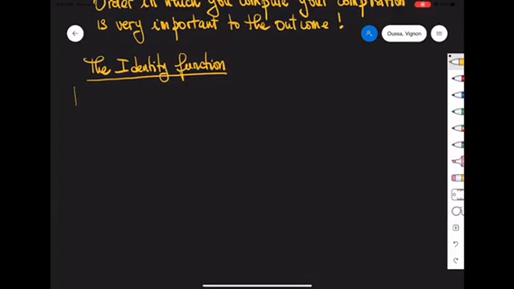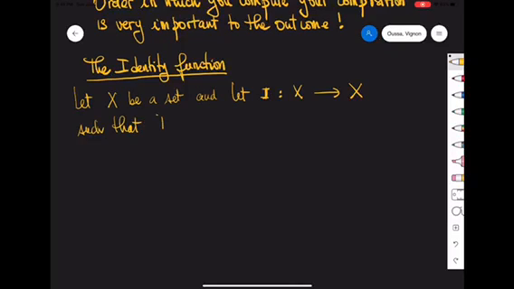So let X be a set, and let I of X, or let's just call it I, be the map which is taking X to X, such that I of x is equal to x for all x in X. So it's the function which simply maps every element to itself.